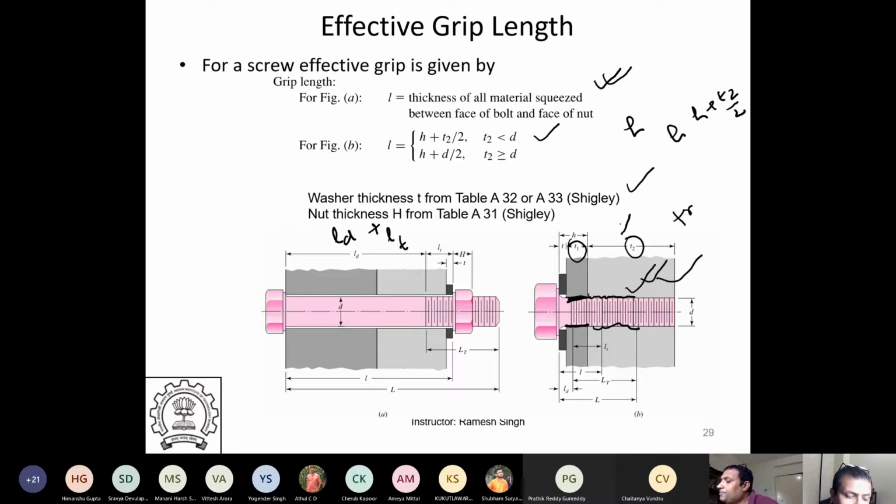And if it is larger than the diameter of the bolt, then it is H plus D by 2. So the portion which actually is under compression is typically more than H, which is the washer plus the top layer, and a portion of the thread portion also comes into the effective grip. So that also gets a little bit compressed.